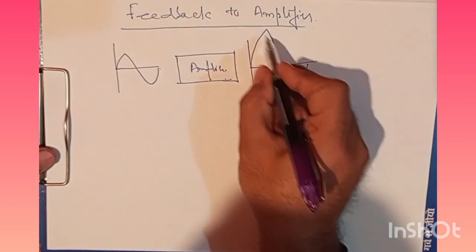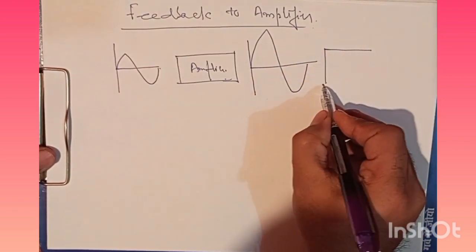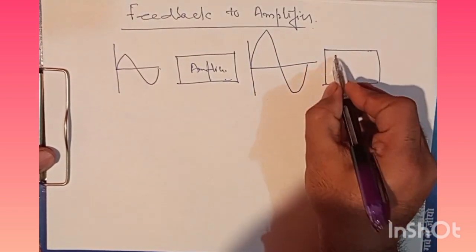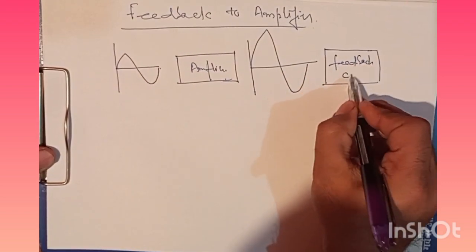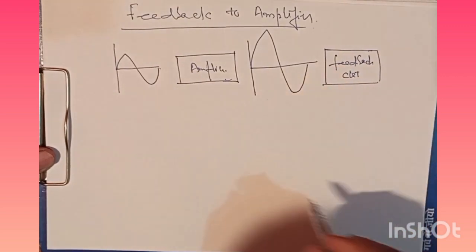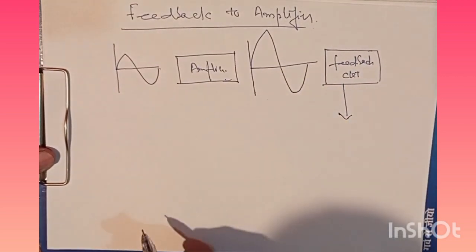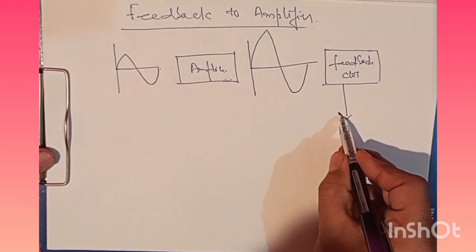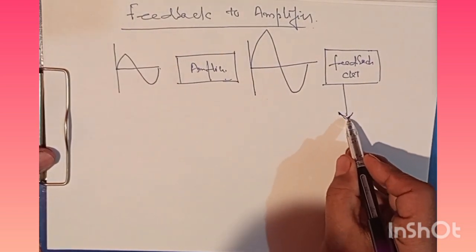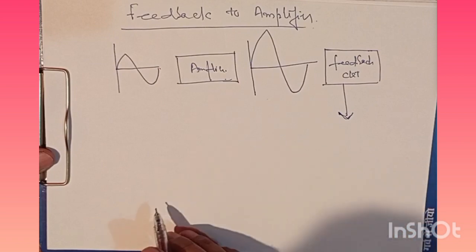And then we subject this signal back to the feedback circuit. And if the wave that we obtain here is in the same phase as this input signal, then we call it positive feedback.